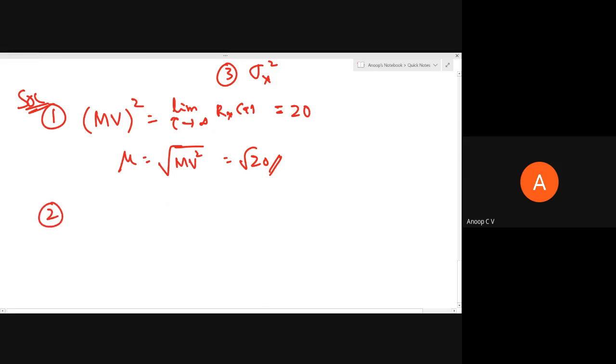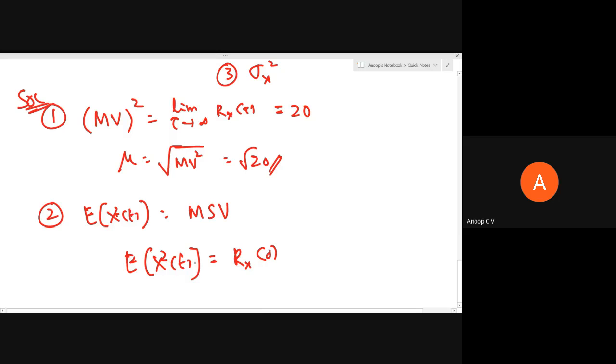Okay. Then the second question is, what is E of x square t? That is the mean square value. How to find the mean square value? By property, we have E of x square of t equal to Rx of 0.